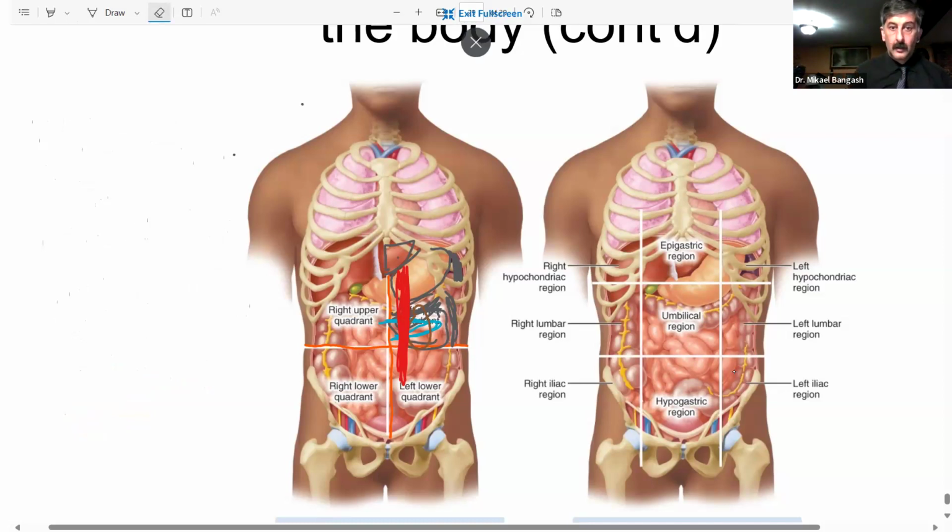Because let's see, yes, okay, using this diagram here. What do we have in the right upper quadrant?